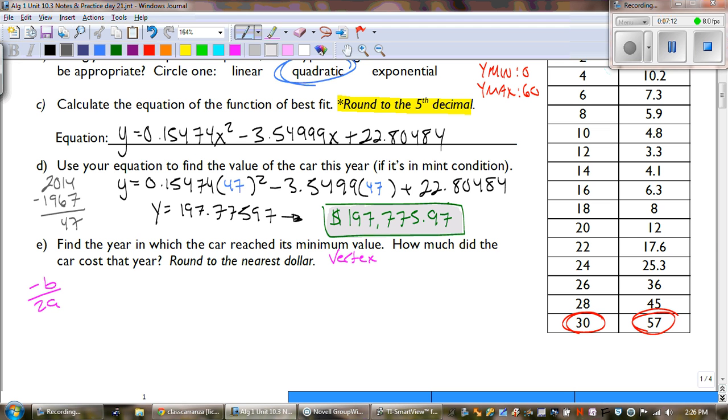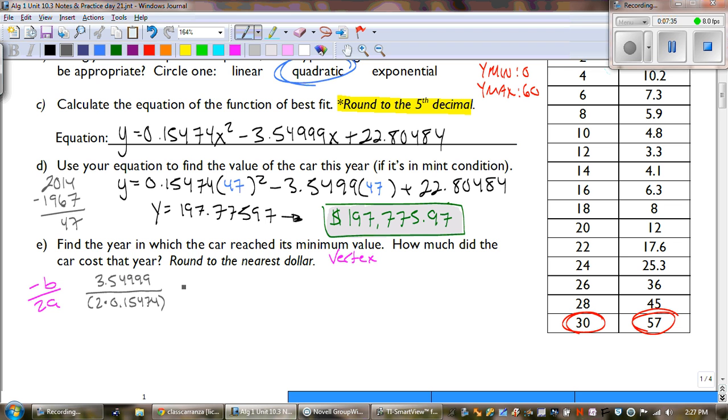Well, which one's B? That's B. So the opposite of B would be 3.54999, and we're going to divide all of that by 2 times 0.15474. Okay?